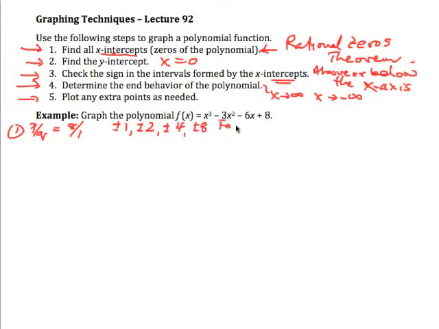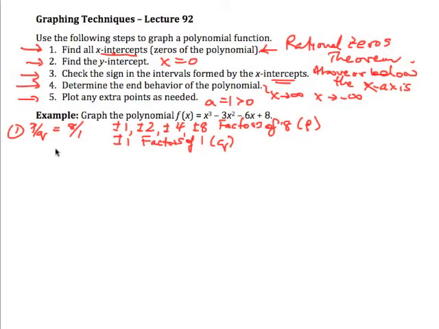These are factors of 8, which is our P. And of course we have a equal to 1 here, which is positive. Let's keep that in mind. And we need plus or minus 1, which are the factors of 1, and that's our Q.